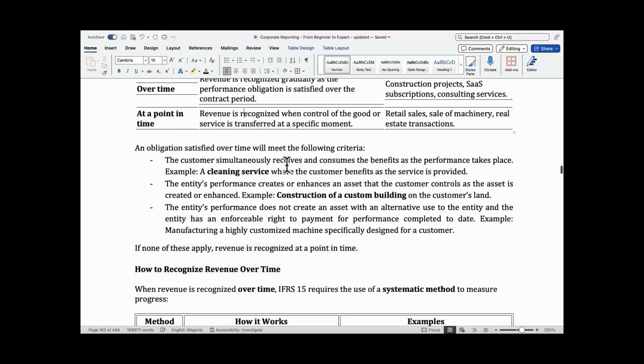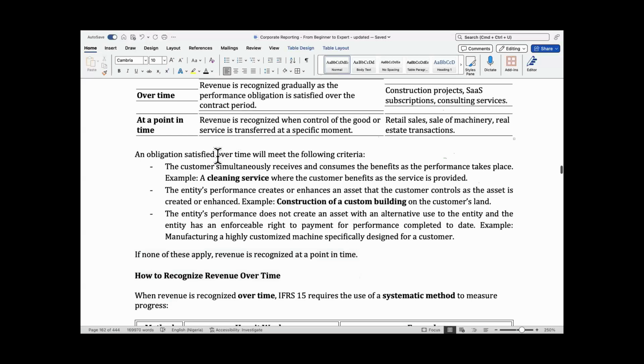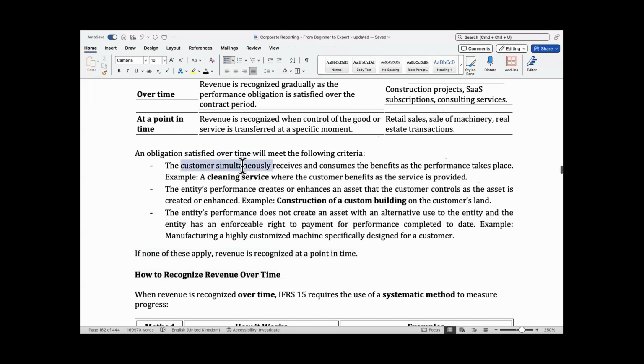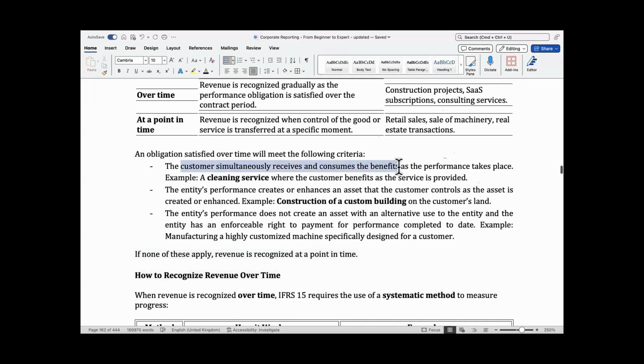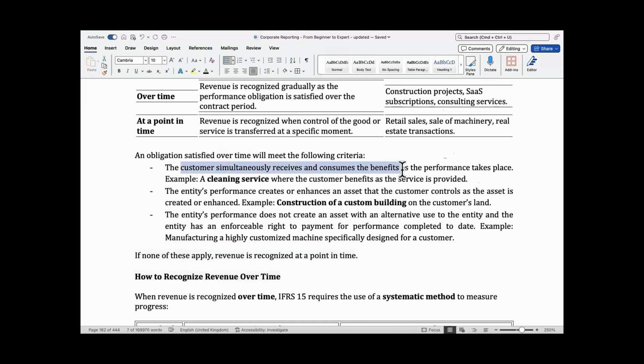When we say an obligation is satisfied over time, I can explain it in 3 scenarios as explained in the standard. The standard says that usually with this type of services, the customer simultaneously receives and consumes the benefit as the performance is taking place. Just like this, our class.